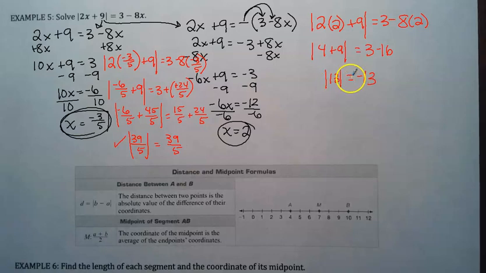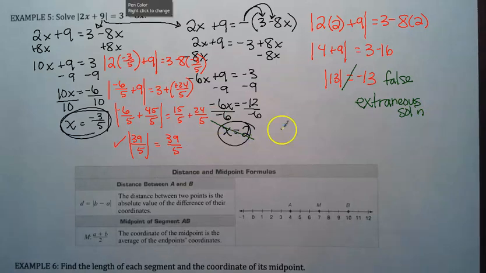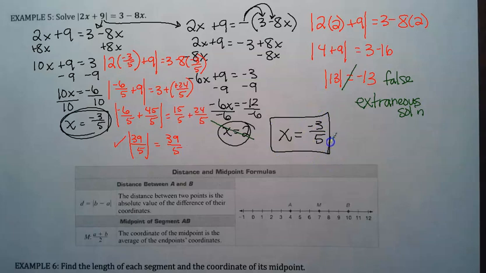The absolute value of 13 cannot equal negative 13. This is not happening, so this is false, or this is an extraneous solution. So it does not work. x equals 2 is not our answer. So our answer is strictly x equals negative 3/5. Only one solution here.